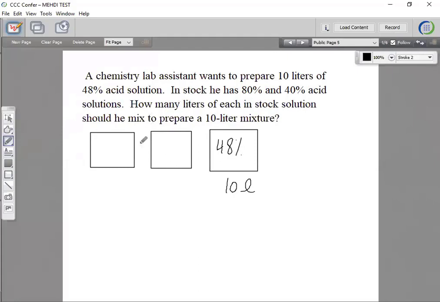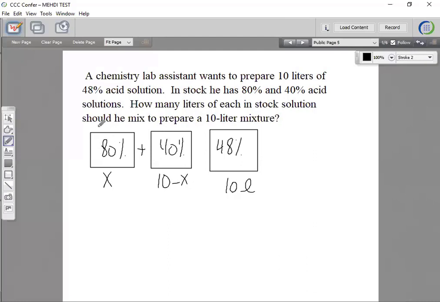And here it says what we have on hand is a bottle labeled 80% and one labeled 40%. If I assume that I'm using x liters of 80%, the rest should go to the 40%. That would be 10 minus x.